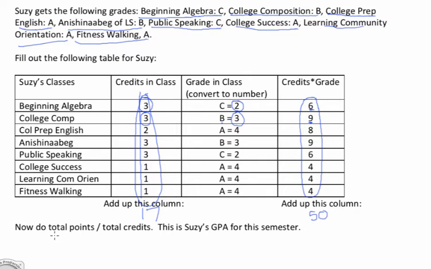So to find Susie's GPA, you do total points divided by total credits. Susie's GPA for this semester is 2.94, usually rounded to 2 decimal places.